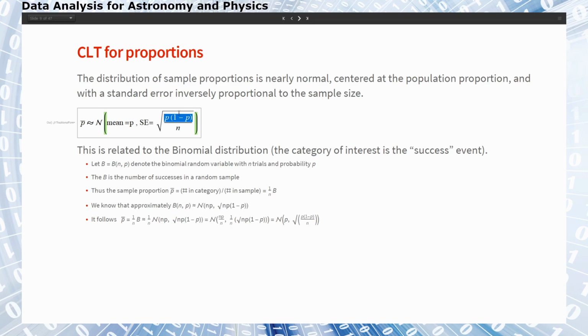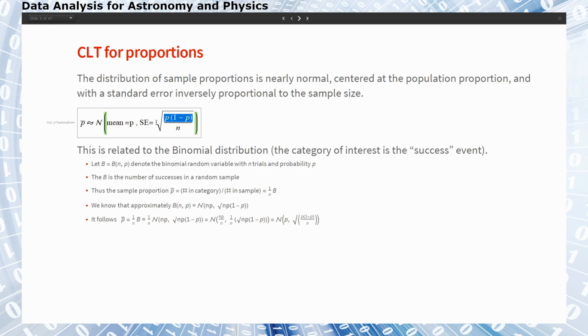And the origin of this standard error formula comes from the binomial distribution, because we're now interested in the member of the category of interest. So this is basically a Bernoulli experiment with a success or failure outcome, or a yes or no. So for every single system, this can be described with the binomial distribution.